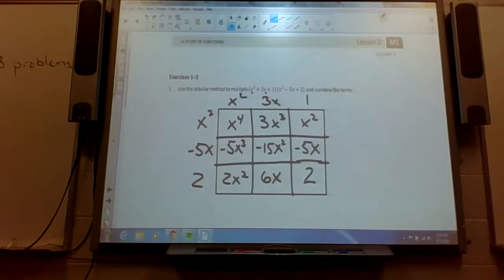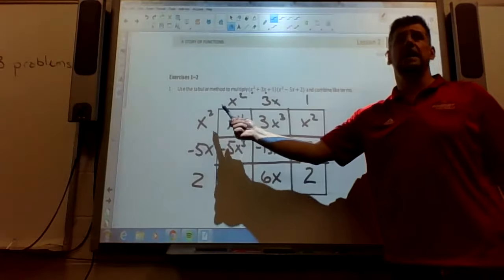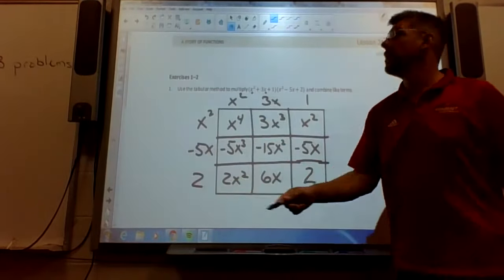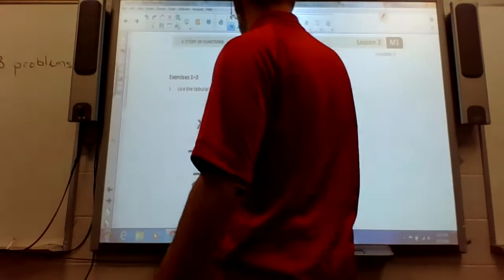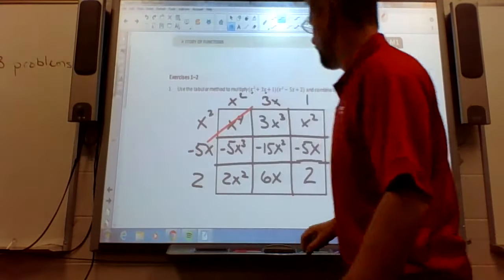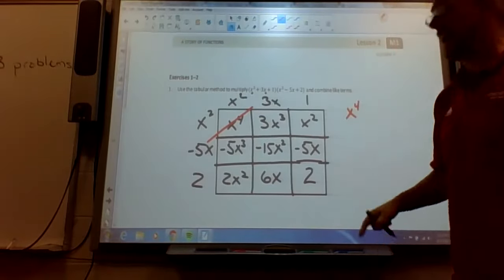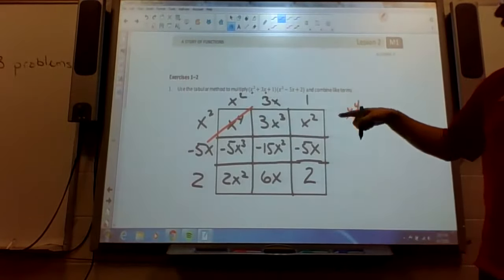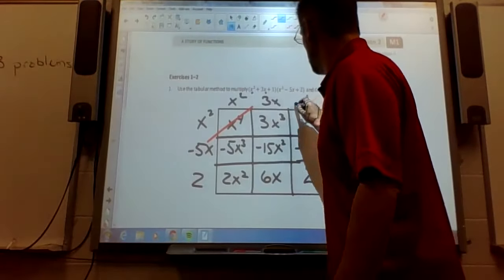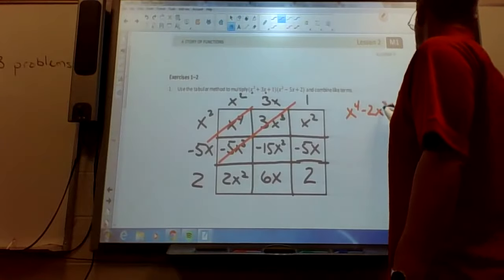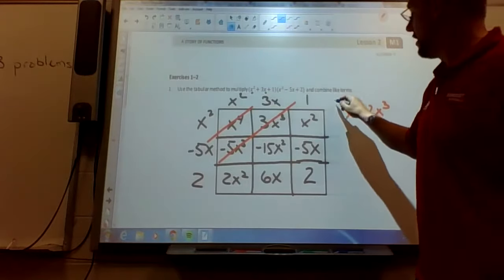Now, did I write my polynomials in the right order here? So what I can do then is go here. How many x to the 4th do I have? X to the 4th. I don't need to write the 1, do I? How about here? How many x cubed? -2x cubed. And then the center.